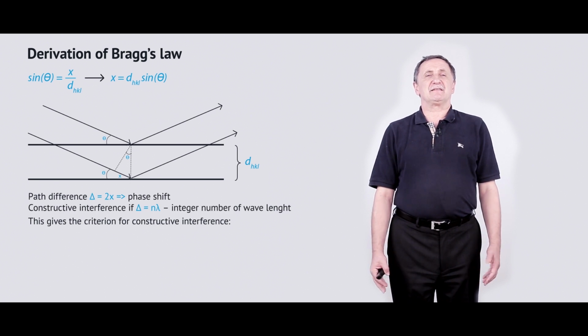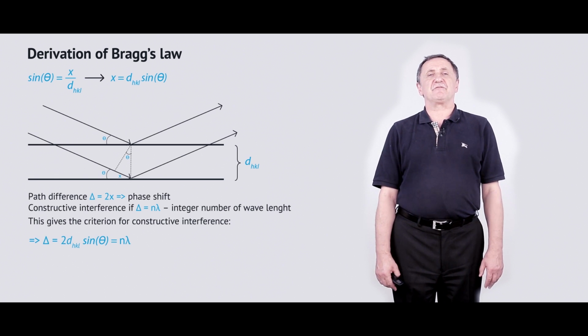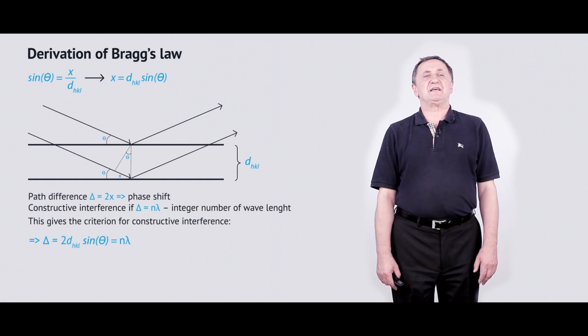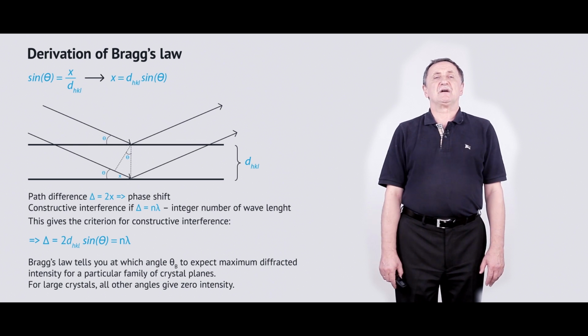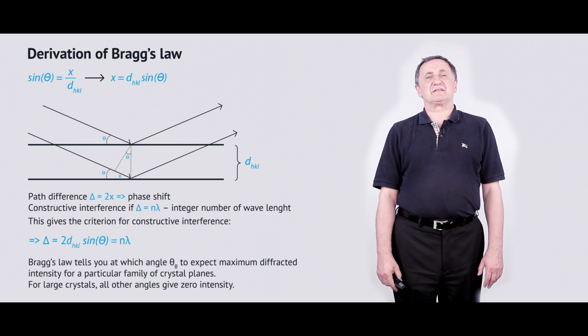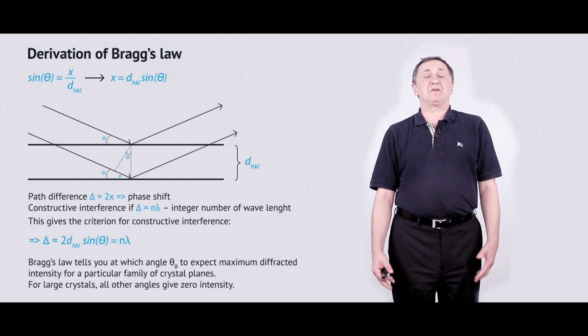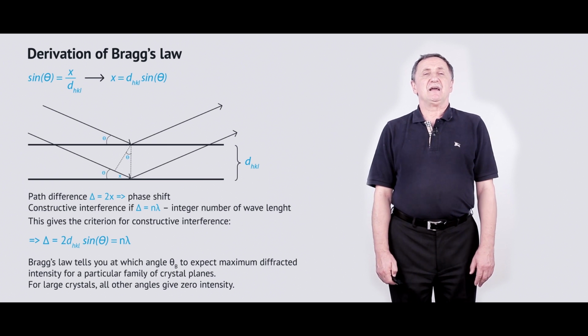So this screen gives you a little more idea of how one can derive this famous Bragg formula. The general statement is that constructive interference can be observed only if the path difference of the two beams, delta, equals an integer number of wavelengths, assuming that we know the wavelength of the X-ray beam used.